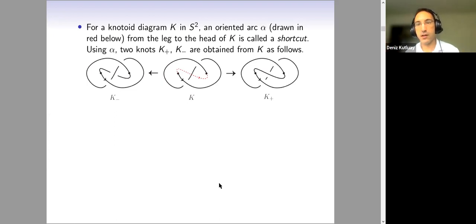So this is a diagrammatic approach, more combinatorial, as opposed to geometric. In this talk, I'm going to assume that my surface is S2. You can consider knotoids in any surface. For example, I did knotoids in R2 and other surfaces, but for this talk, it will be S2.